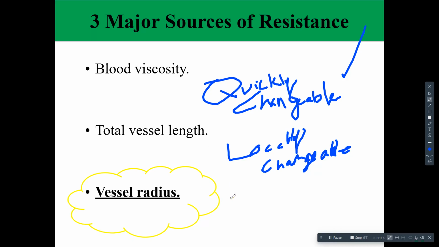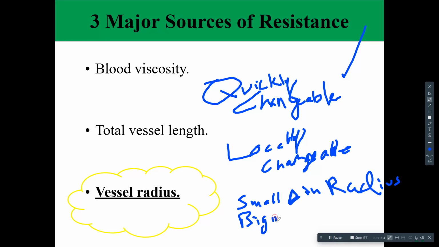Lastly, and we'll touch on this in a second, there's a mathematical thing going on where a small change in radius, my triangle there means change, is going to create a big change in resistance.